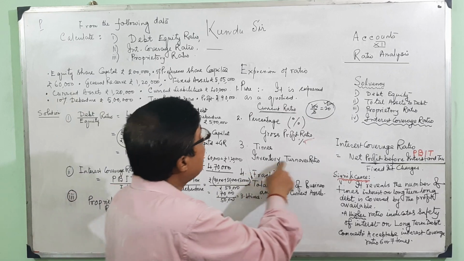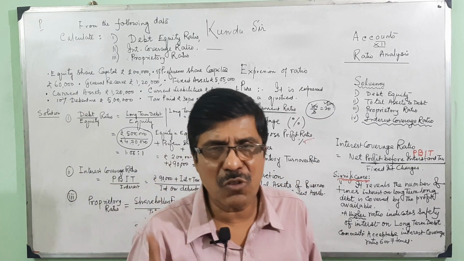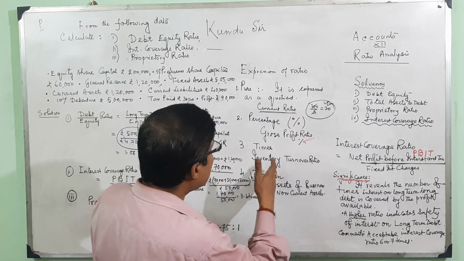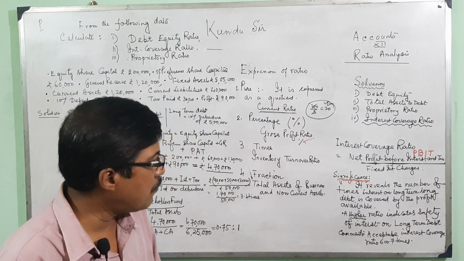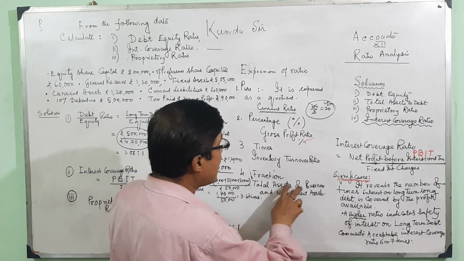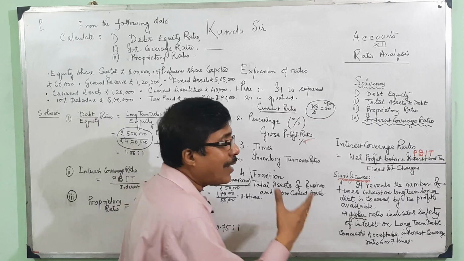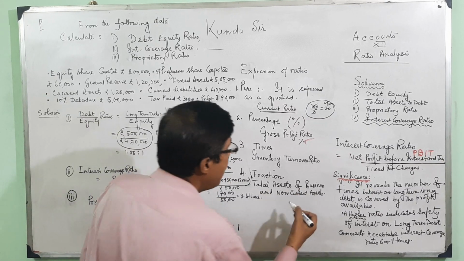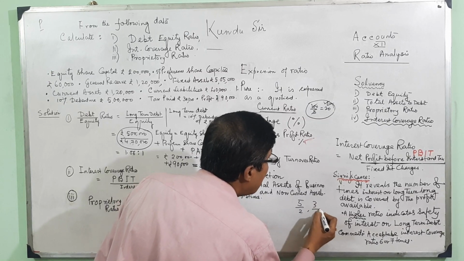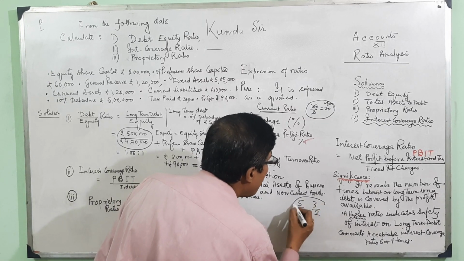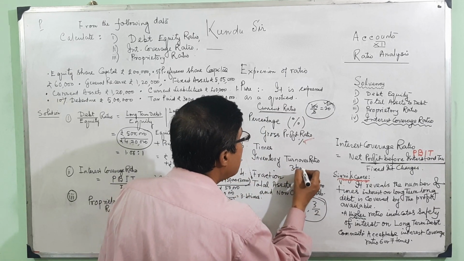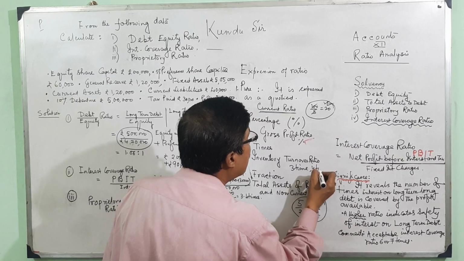For example, the inventory ratio may be 2 times, 3 times, or 4 times. Then sometimes it is in fraction form, numerator by denominator, such as fixed assets of business and non-current assets, which may be 5 by 2 or 3 by 2. That is called a fraction. In times form, it may be 3 times or 4 times.